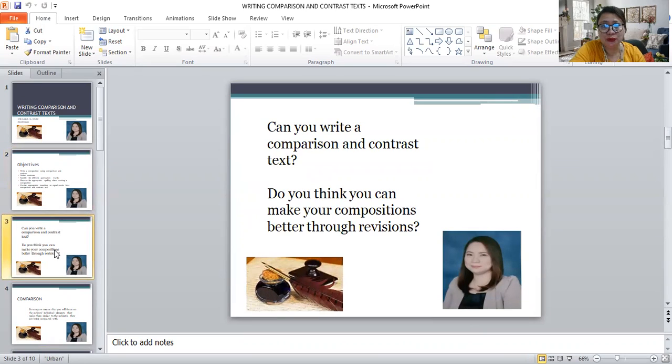So those are the objectives. Now, can you write a comparison and contrast text? And do you think you can make your compositions better through revisions?